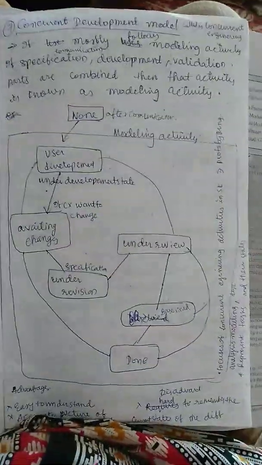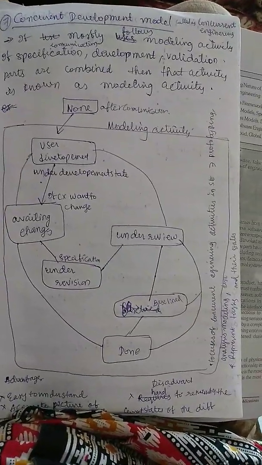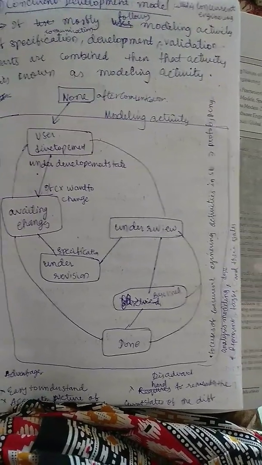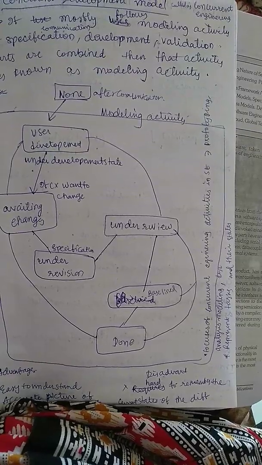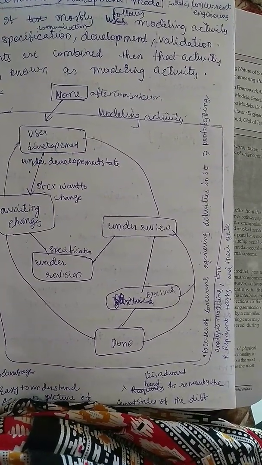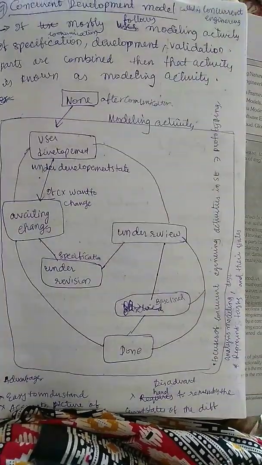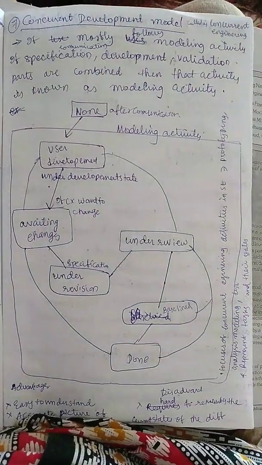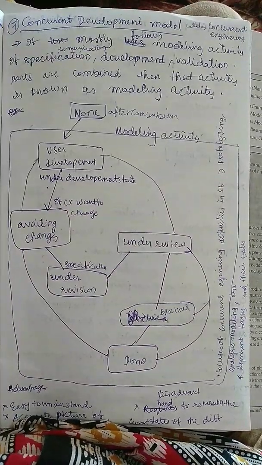Coming to the next process, the concurrent development model. It is a very simple process which focuses on concurrent engineering activities in software engineering. What are concurrent engineering activities?